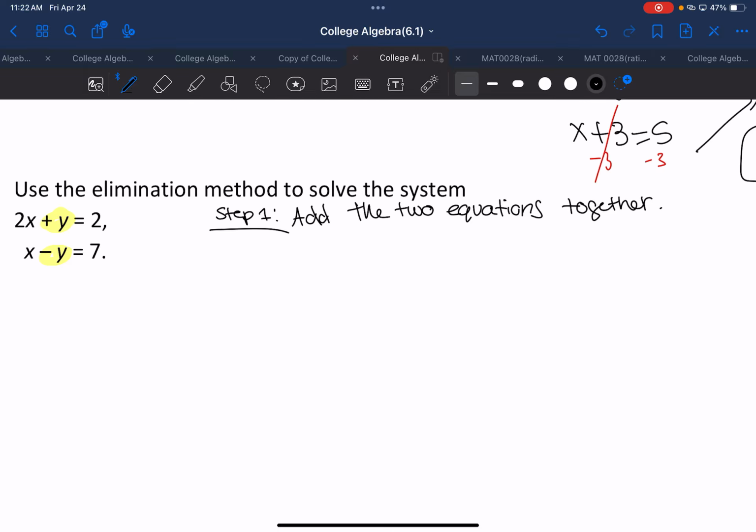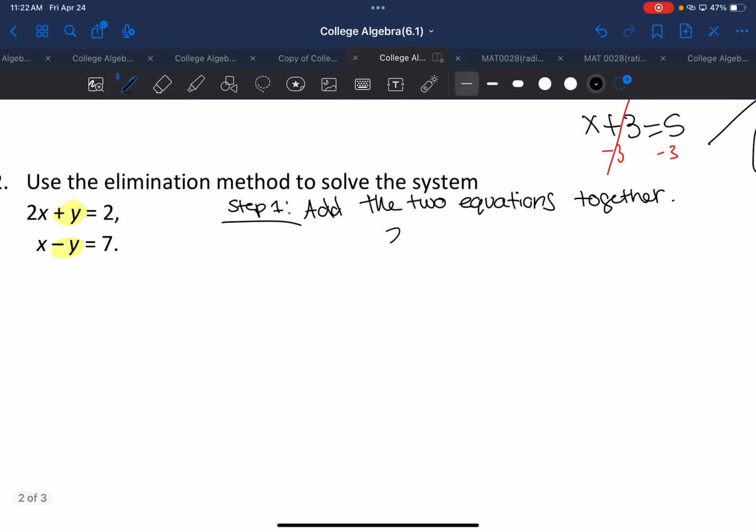So first of all, before you add two equations in a system together, you need to have all the variables lined up and all the constants lined up. So they already are in this case. I have all my x's and all my y's on the left of the equals, and then the constants on the right. So if one is all crazy and only has an x on one side, you need to move everything to the same side. They need to be lined up.